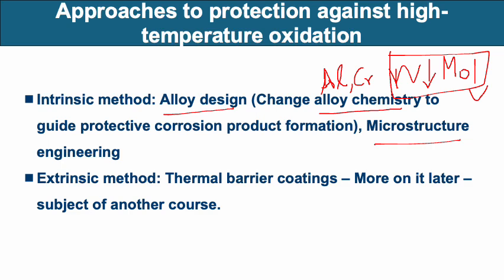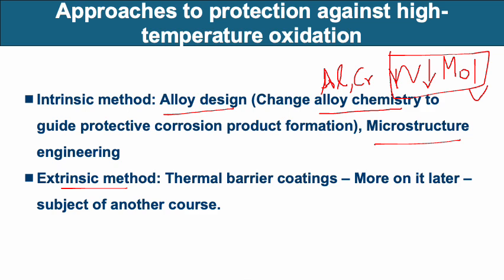Another method is an extrinsic method. This is not changing the material; the change is from outside the material. You apply a coating. Thermal barrier coatings are usually applied, and those can provide resistance to high temperature degradation. We will cover more about this topic in another course called surface modification techniques.